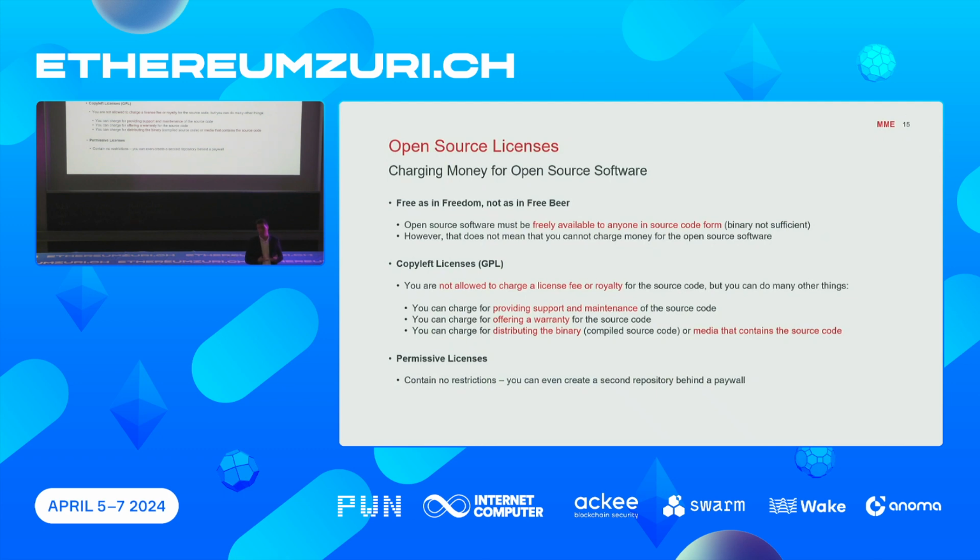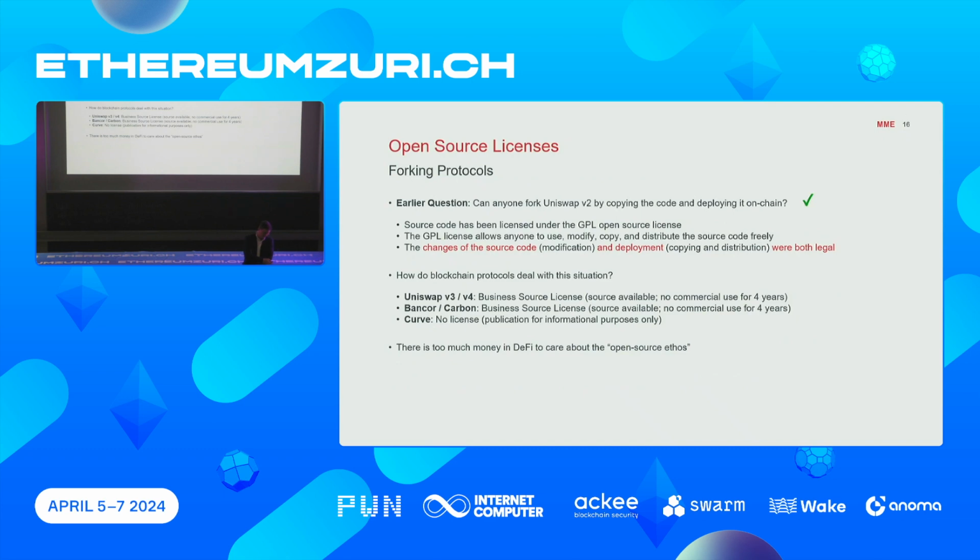You can charge for additional warranty that you offer. You can charge for compiling the code and selling the binary. People do that. Or you can say, I put the code on a CD, which people used earlier, and they sold the CD for $1,000. It's all possible. So just take that one takeaway: it doesn't mean that everything must be for free.